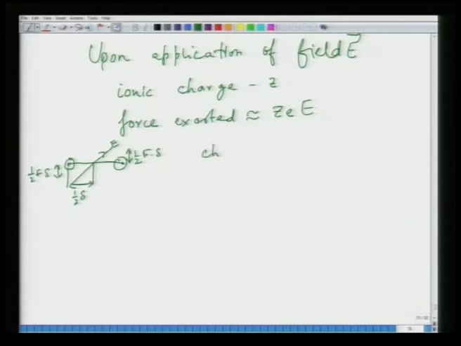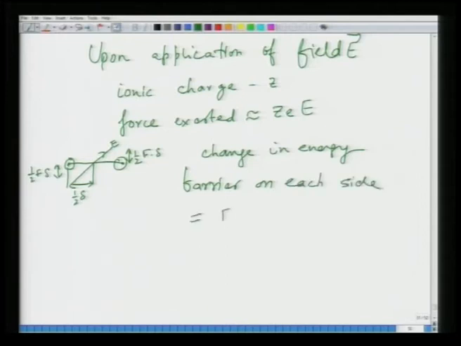So the change in energy barrier on each side would be f into half delta, which would be half ZeEδ. This is nothing but your delta EA. Whether delta EA is positive or negative depends upon which side you are looking at.